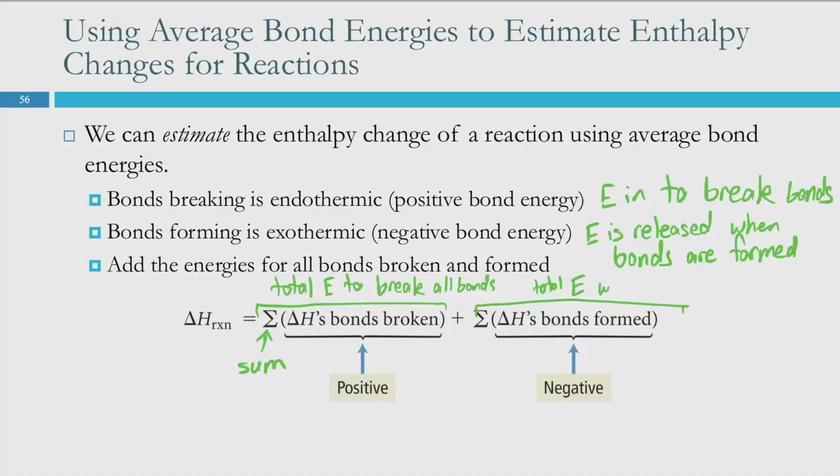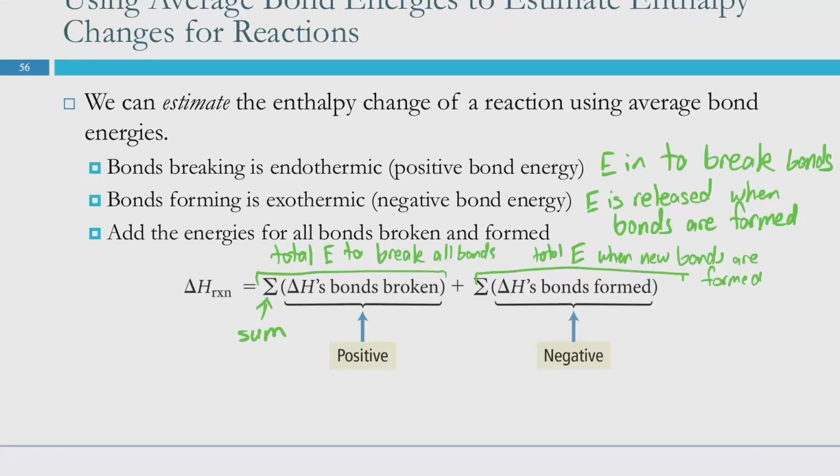Total energy when new bonds are formed. And our delta H's for bonds being formed, since that's exothermic, those are all going to be negative numbers. So that's why we're adding them instead of subtracting. It'll come across as subtraction of two numbers, but that's why it's written this way.